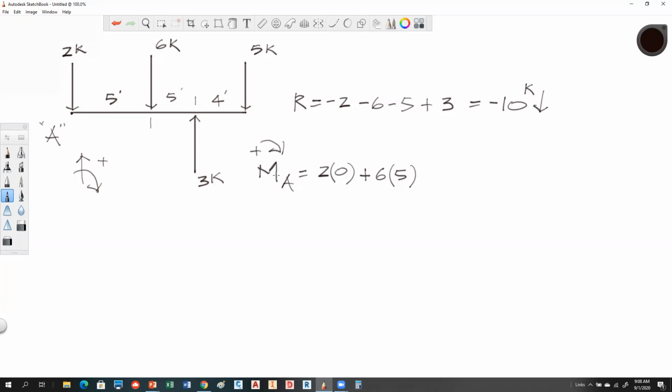The direction of a moment is completely separate. It has nothing to do with the direction of the force. Even though we know this force is acting down, so from a force standpoint, we're saying it's negative, but what kind of rotation, if you put your finger right here and let this thing spin, which way would that tend to spin this? It would tend to spin it what?